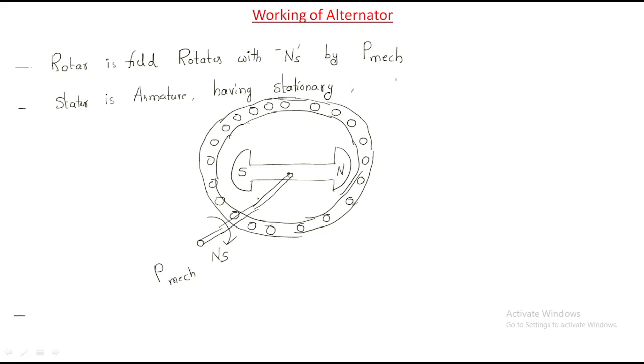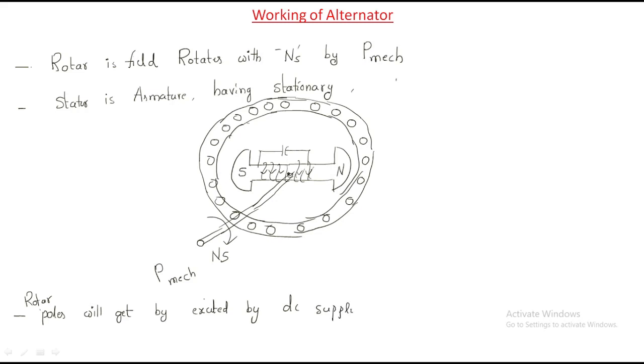So generally, how it generates: the DC supply is given to produce the poles, understand. The rotor poles will get excited by DC supply.